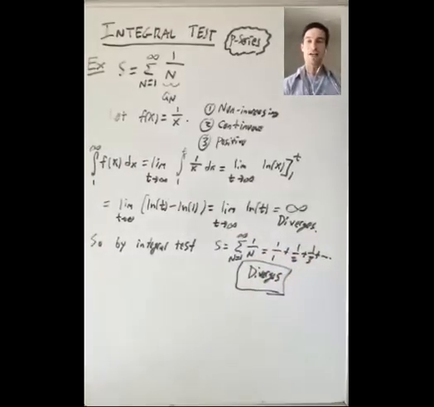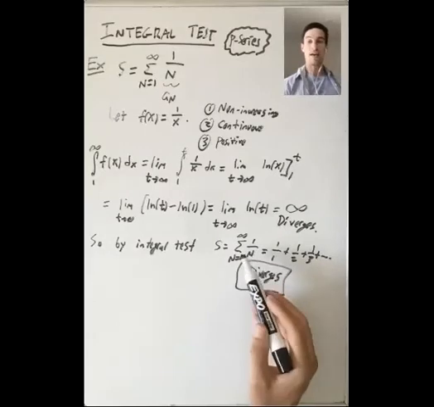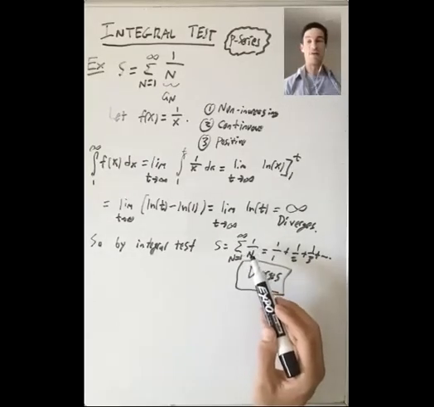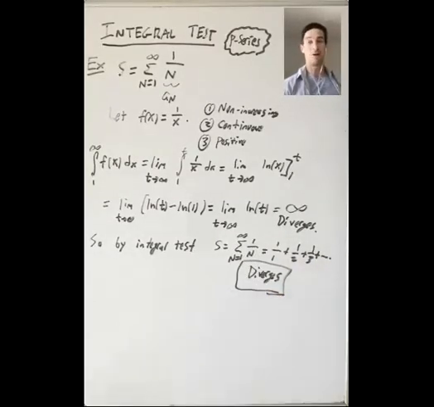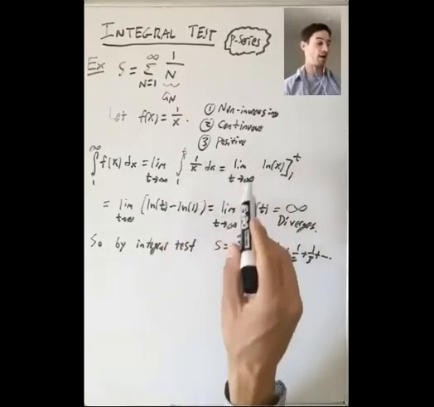There's a section in 11.3 of Stewart's book that's about estimates of sums. We're not going to talk about that in this course, but there is some question about, okay, this goes off to infinity. How fast does it go off to infinity? And you can get some information by looking at this improper integral.